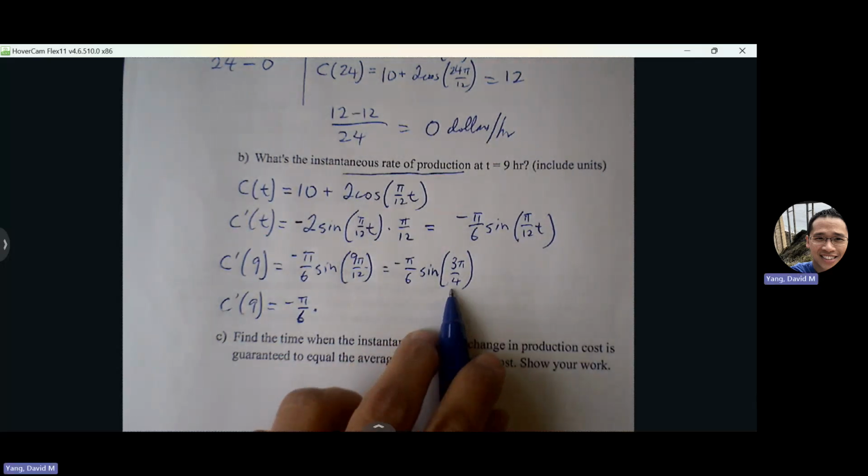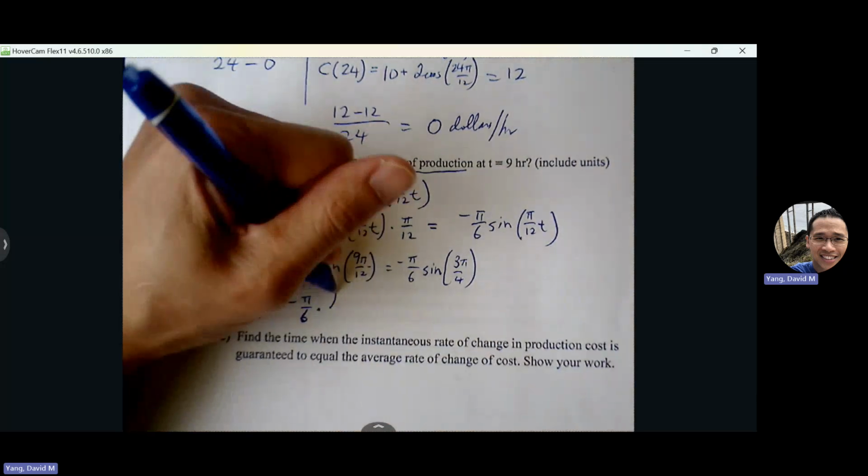So we know that's going to be in that root 2 over 2, but sine is still positive in the second quadrant.